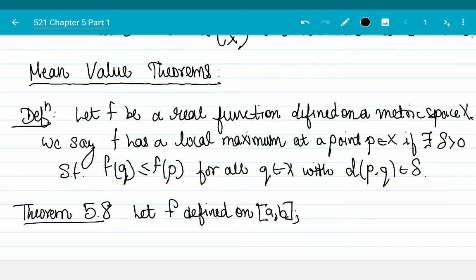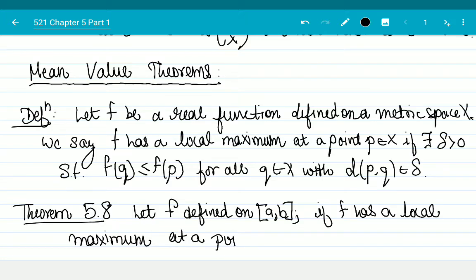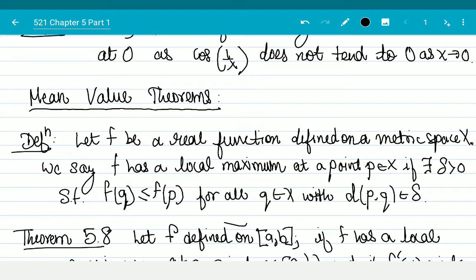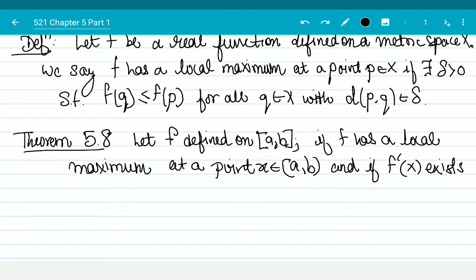If f has a local maximum, the same result holds for minimum, but say maximum at a point x belonging to (a, b), and f prime of x exists, then f prime of x is equal to 0.